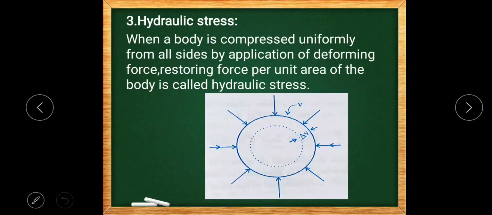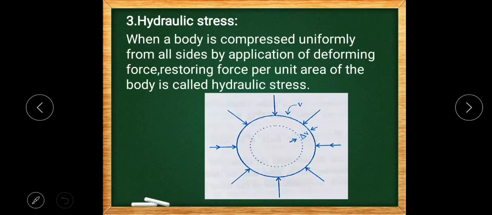The third type of stress is hydraulic stress. When a body is compressed uniformly from all sides by application of a deforming force, then the restoring force per unit area of the body is called hydraulic stress. In this stress, the volume strain is produced.